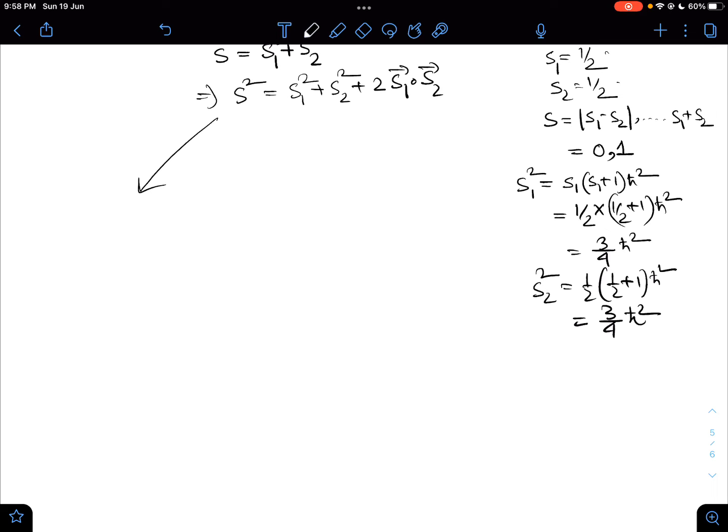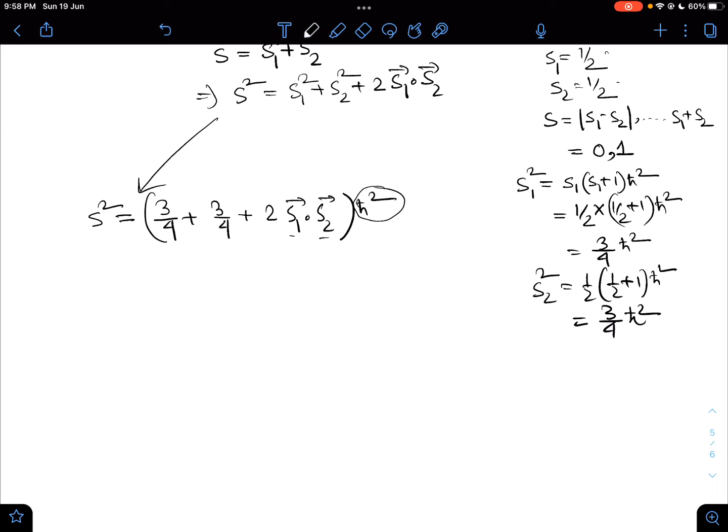If we replace that here, we get S square equal to 3 by 4 plus 3 by 4 plus 2 S1 dot S2 times h cut square. Why are we writing h cut square here?